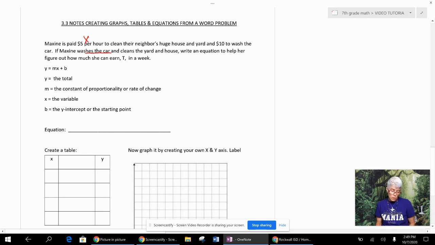So the equation would be, well, we're kind of shooting towards that. It does look like I have a starting point, which is the $10. So she started out with 10, and then she's going to earn $5 every hour she works, and we want to know what her total is going to be. I could write this in a different order and it would be okay.